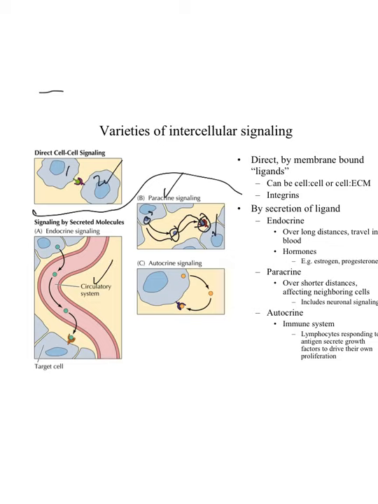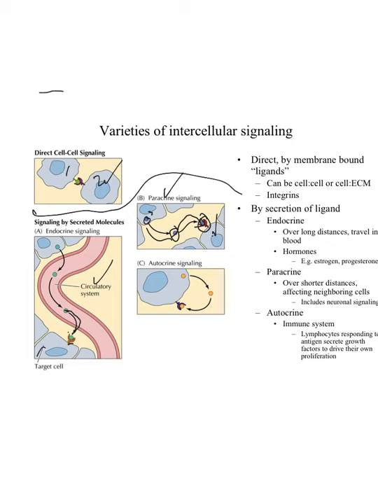Sometimes a ligand is secreted from a ligand-producing cell, but instead of traveling over a short distance in the same tissue, the ligand instead makes it into the bloodstream, and then it travels through the circulatory system to a distant target. And the ligand will then have to move out of the bloodstream back into the extracellular space, often in another organ of the body, and then bind to a receptor on a target cell and have an effect.